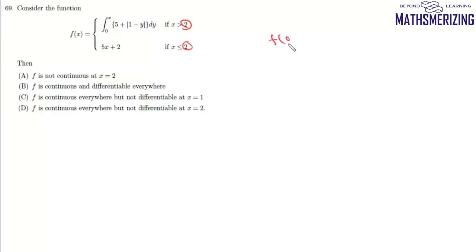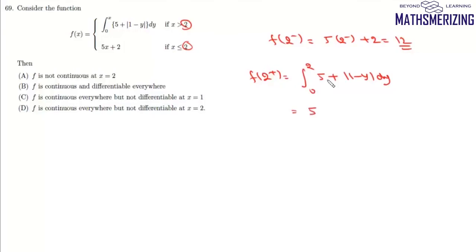Now we'll find f(2) negative. f(2) negative will be 5 into 2 plus 2, that is nothing but 12. Now we'll find f(2) positive. f(2) positive will be this integral from 0 to 2 of 5 plus mod of 1 minus y dy.